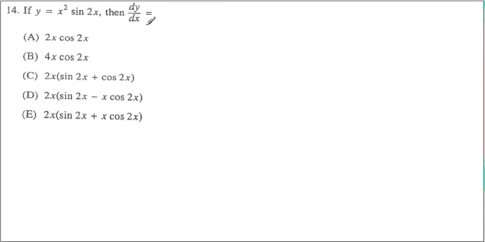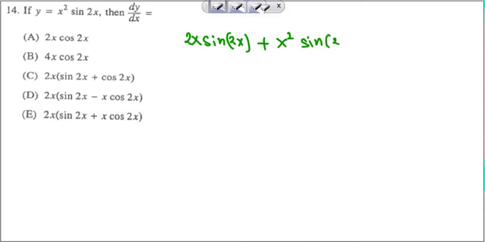Now let's take the derivative. In this case, we can take the derivative by the product rule. So we have 2x, which is derivative of the first one, times the second one, sine of 2x, plus x squared. Keeping x squared as it is, we are taking the derivative of sine of 2x. Derivative of sine becomes cosine, right?